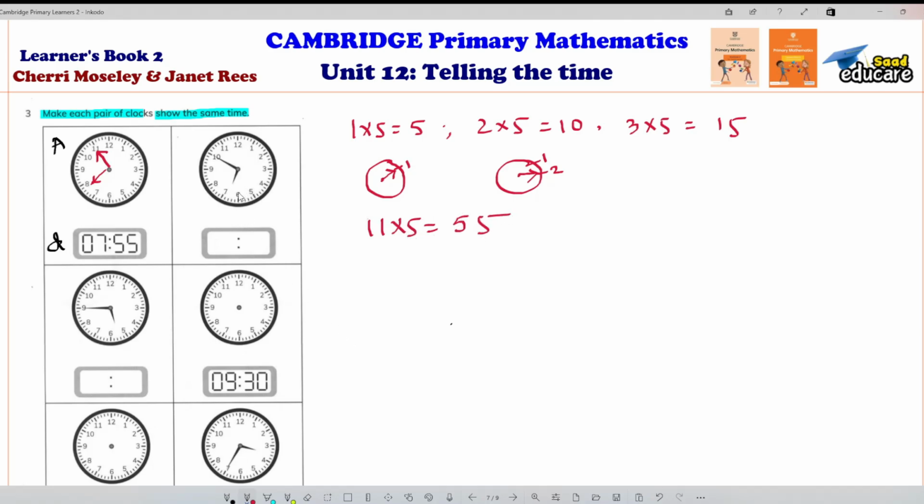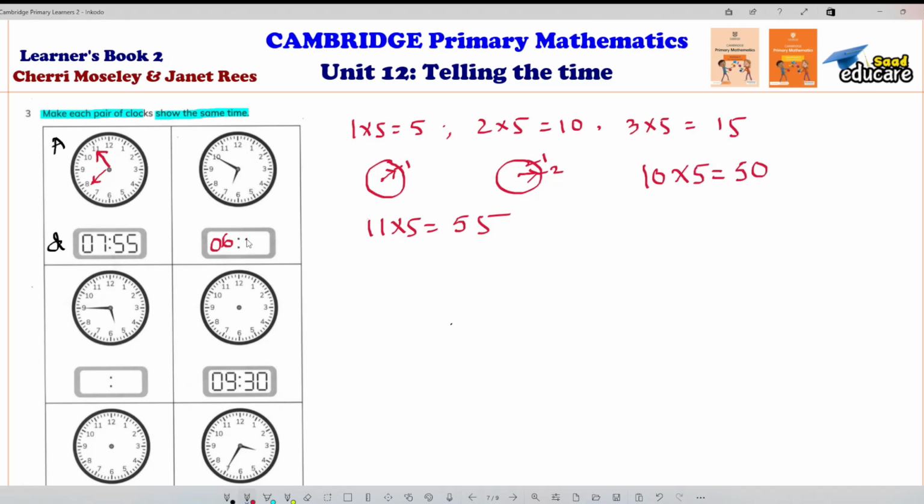Now look, here is 6 and 7, near but not exactly on 7. So we can write this one 6, and the minute stick on 10. 10 means what? 10 times 5 is 50.